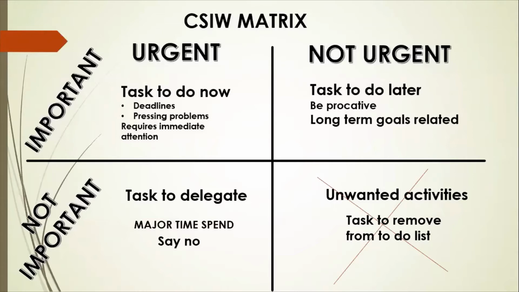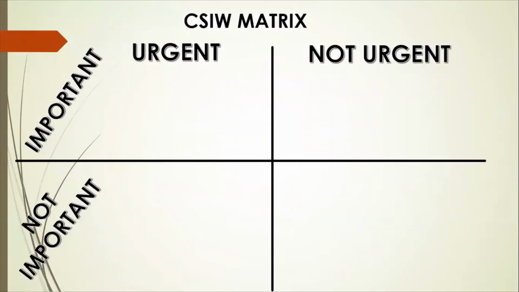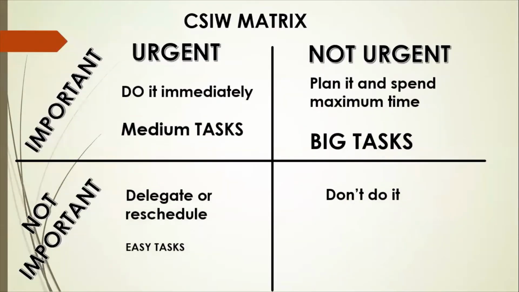Now, after dividing these tasks into these four quadrants, we will come up with our four major takeaways. The first one would be the tasks which are to be immediately done, which will be called medium tasks. The tasks which we plan and where we should spend maximum time are called big tasks.